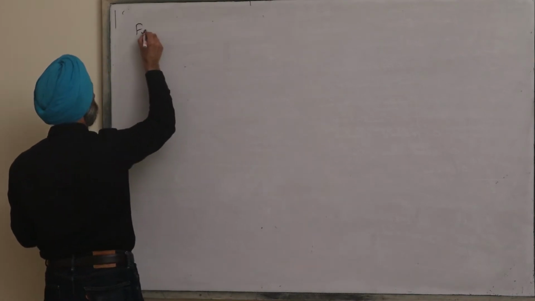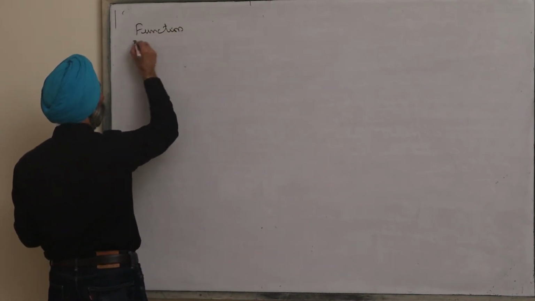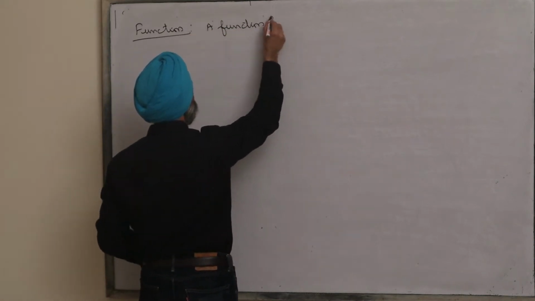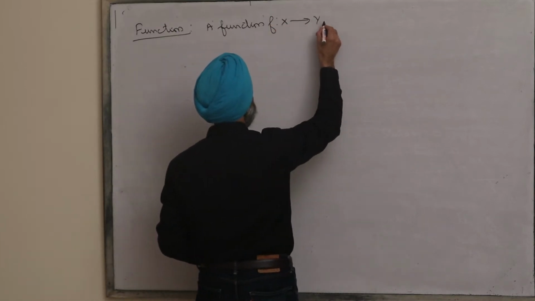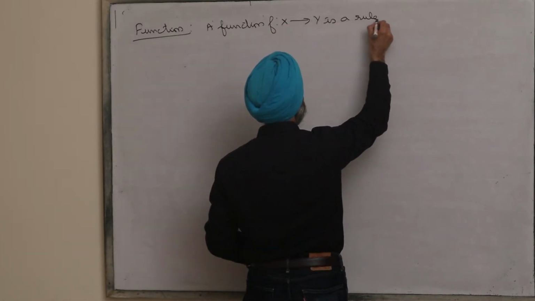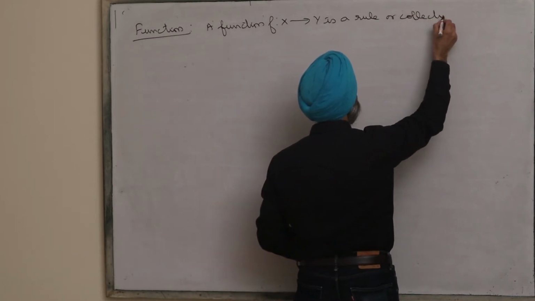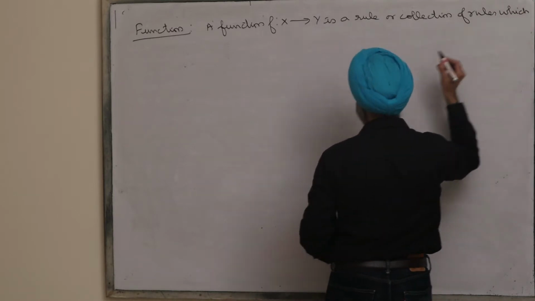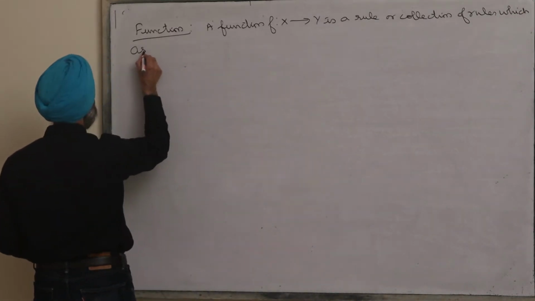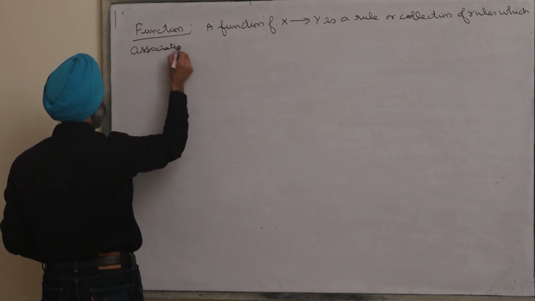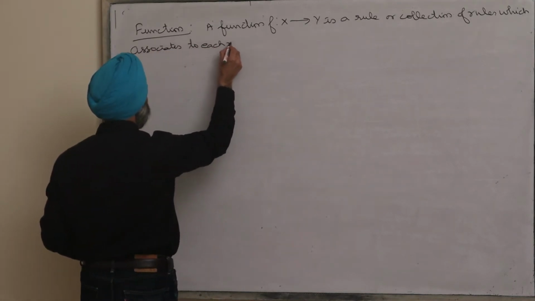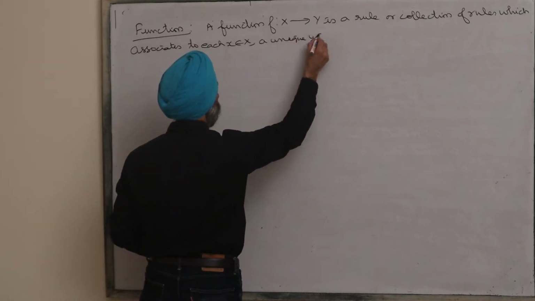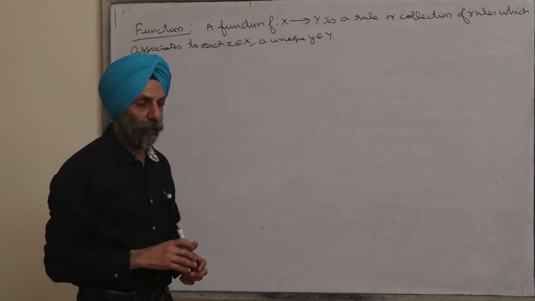Now, a function f defined from X to Y is a rule or collection of rules which associates to each x belonging to X a unique y belonging to Y.